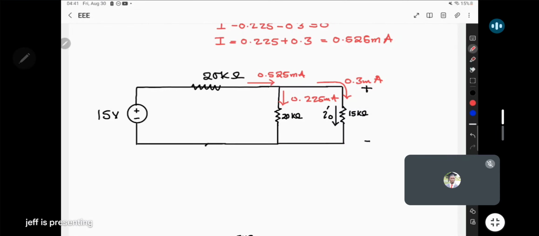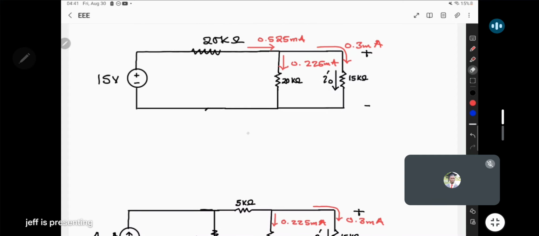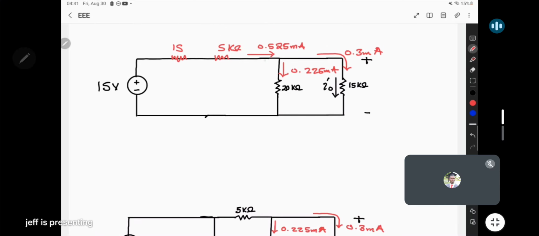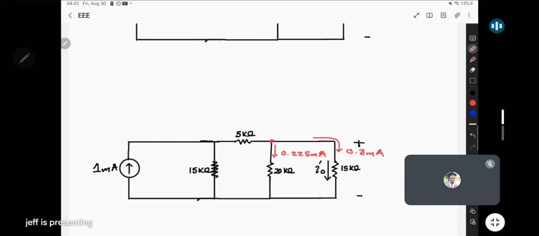So here, before moving to this one, we're saying this 20 kilo ohms was made up of two resistors, the 15 and the 5. So the current that passes through the 15 here is 0.525 milliamps. So since this is the one that approaches this junction, this is where you have the 5 kilo ohms.